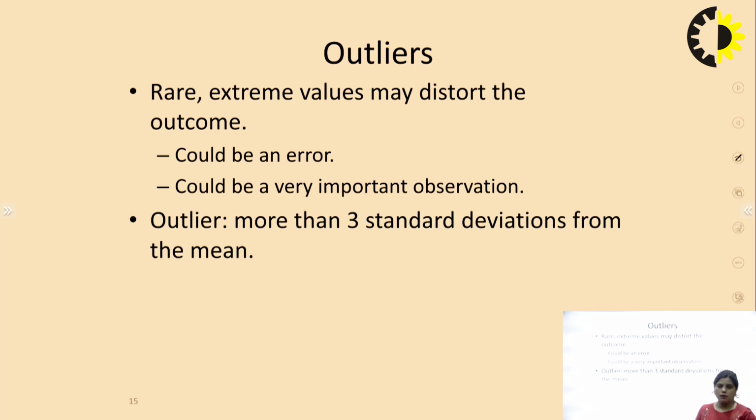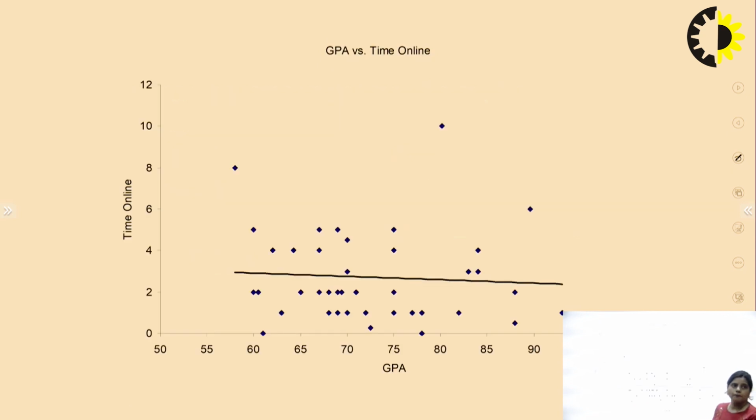We can also say that the extreme values which are going to distort the outcomes can be termed an outlier. It may be an error only, or it may be a very important observation also. More than 3 standard deviations from the mean can be termed an outlier.